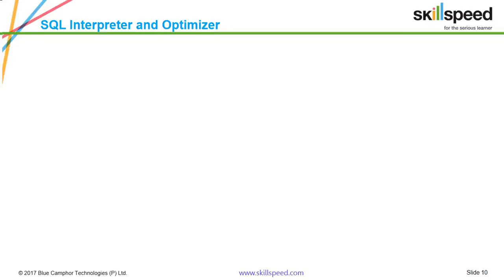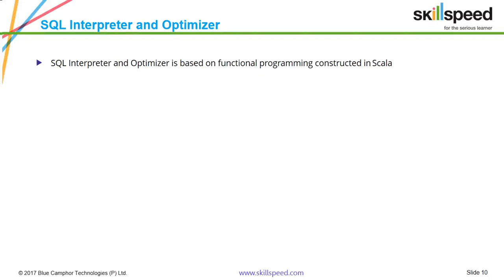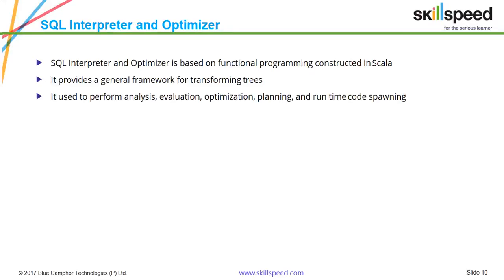Now, the next components are the SQL interpreter and optimizer. Now, the SQL interpreter and optimizer uses a custom Catalyst optimizer, which is built from the ground up to optimize all your SQL queries. Now, the Catalyst optimizer actually uses the functional programming constructs in Scala. Now, it creates transforming trees, and it can perform analysis, evaluation, optimization, planning, and runtime code spawning.